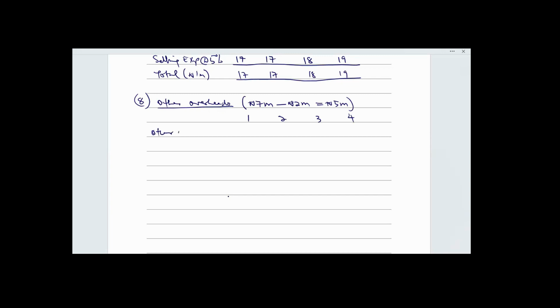Other overhead at 5%. The first year is 5 million. 5 million multiplied by 1.05. What do you have? That's 5.